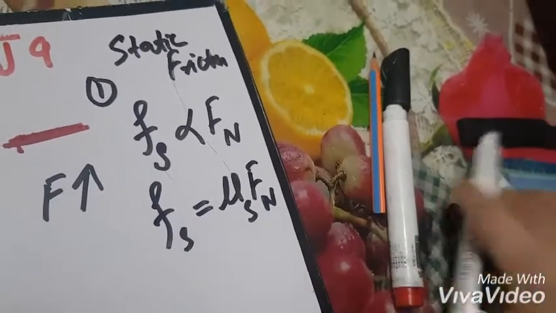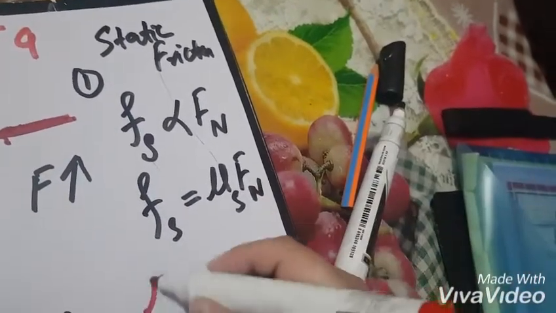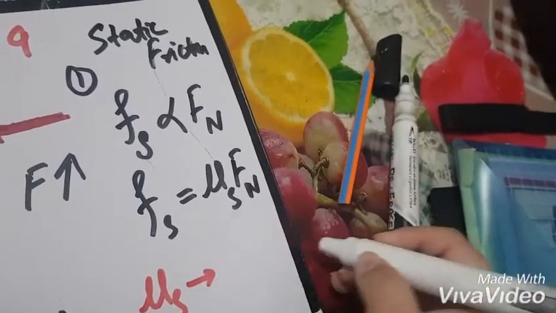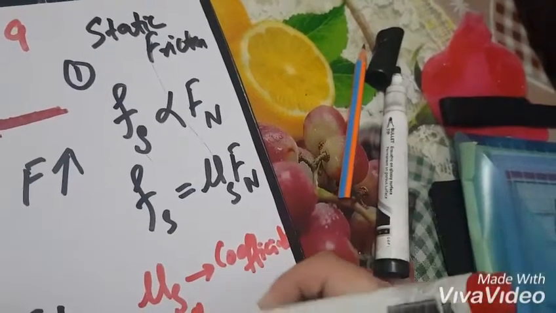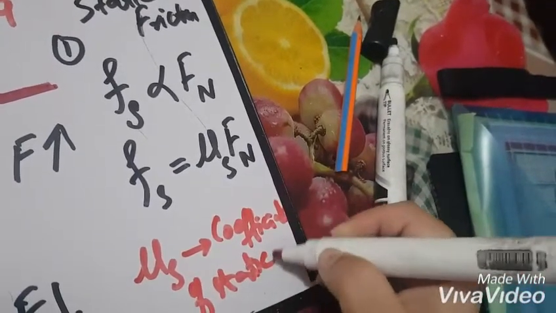What is mu s? Mu s is the coefficient of static friction.